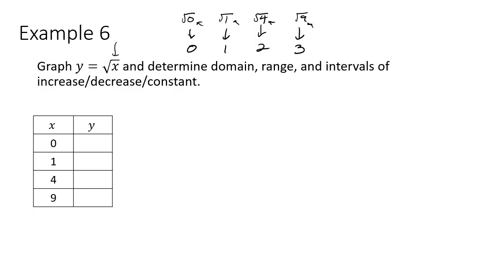And if we plug those into the function, for 0, square root of 0 would be 0. If you plugged in 1, square root of 1 is 1. If you plug in 4, you'd get 2. And if you plug in 9, you would get 3.